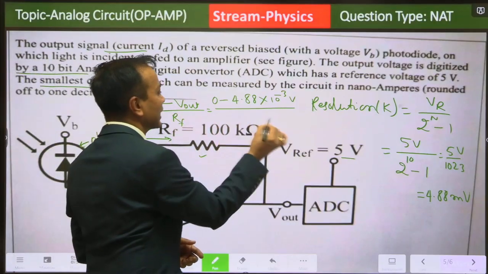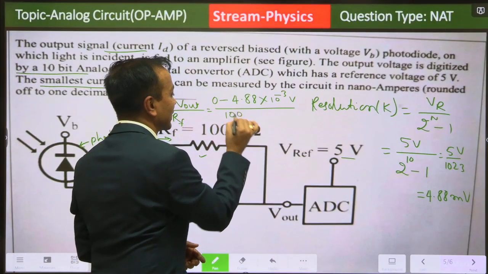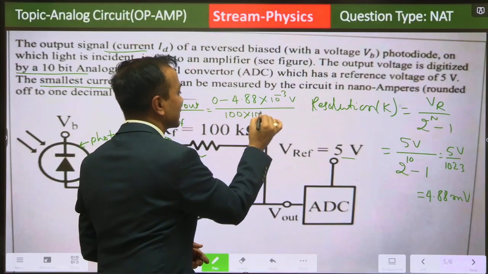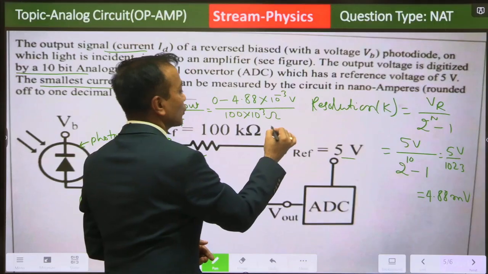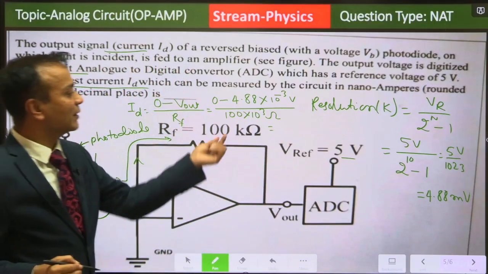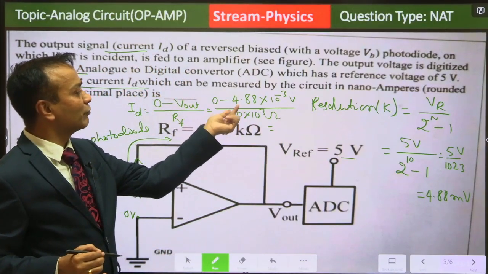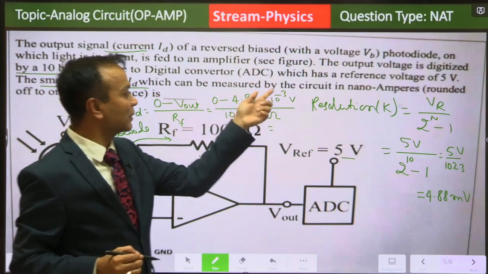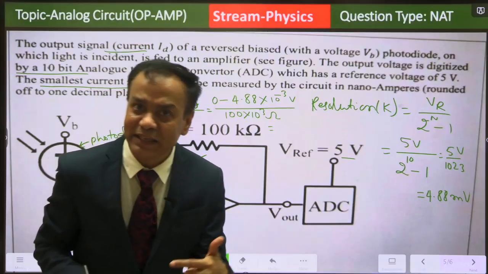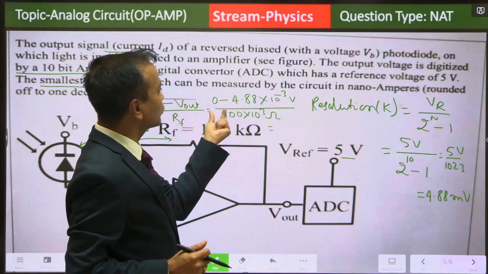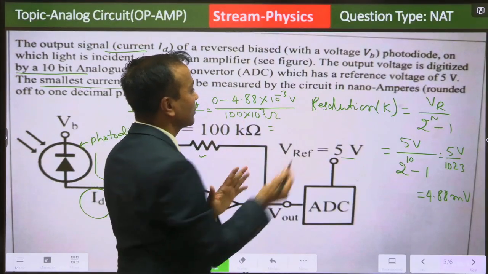Here it is 100 kilo ohm, so we can write 100 into 10 raised to 3 ohm. As we know, this 10 to the power 5 goes to the numerator, so that becomes 10 raised to minus 8 volt. Volt by ohm becomes ampere.